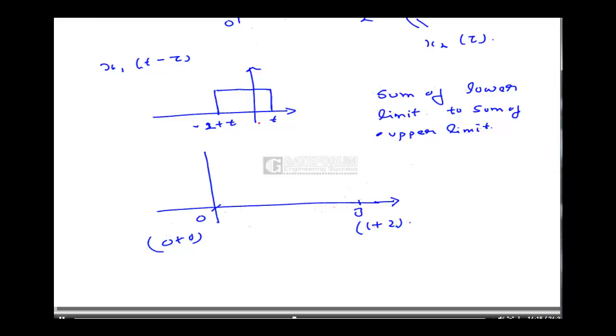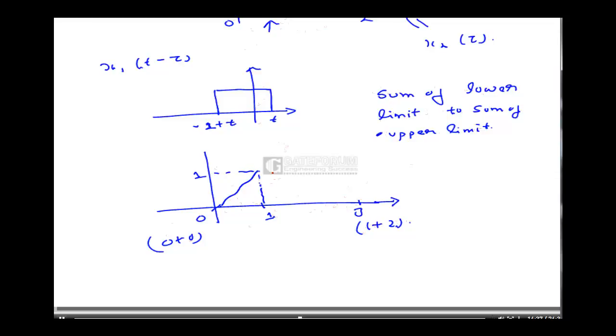So when my x1(t minus tau) is getting inserted in x2(tau), from 0 to 1 it is getting inserted into this. So when it is getting inserted, my magnitude will keep on rising, and this value will be 1.